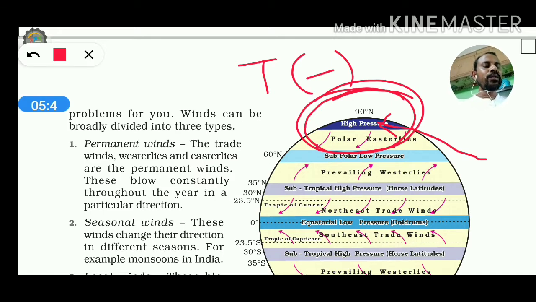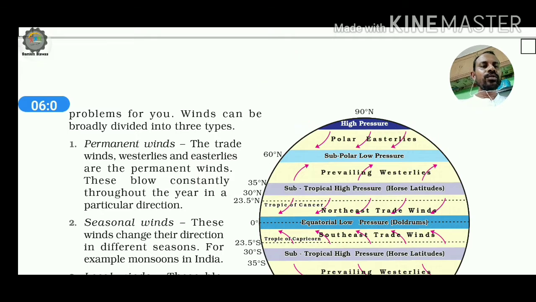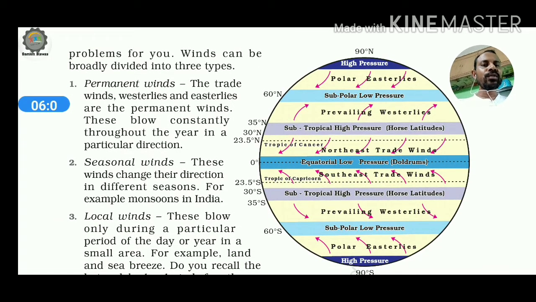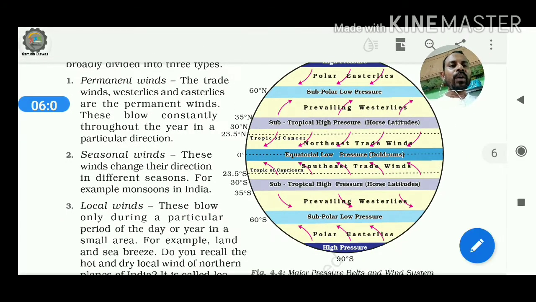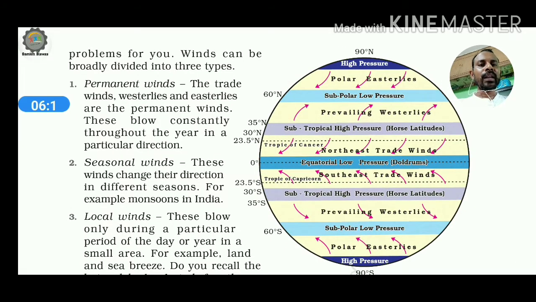Number one, due to the lack of temperature or the cold condition, and next, the solar insolation is not vertical at all over there. Solar radiation is not vertical at all over the areas beyond the Tropic of Cancer and Tropic of Capricorn.